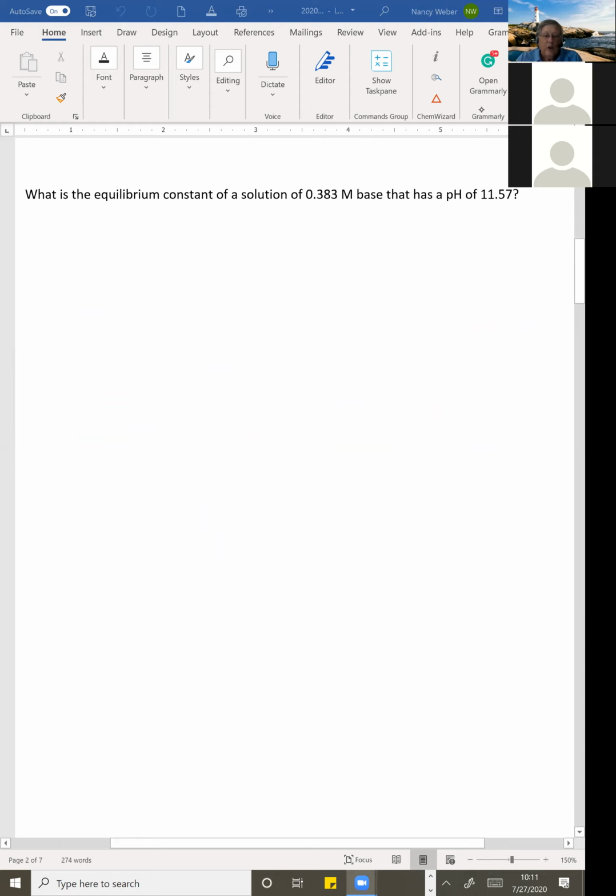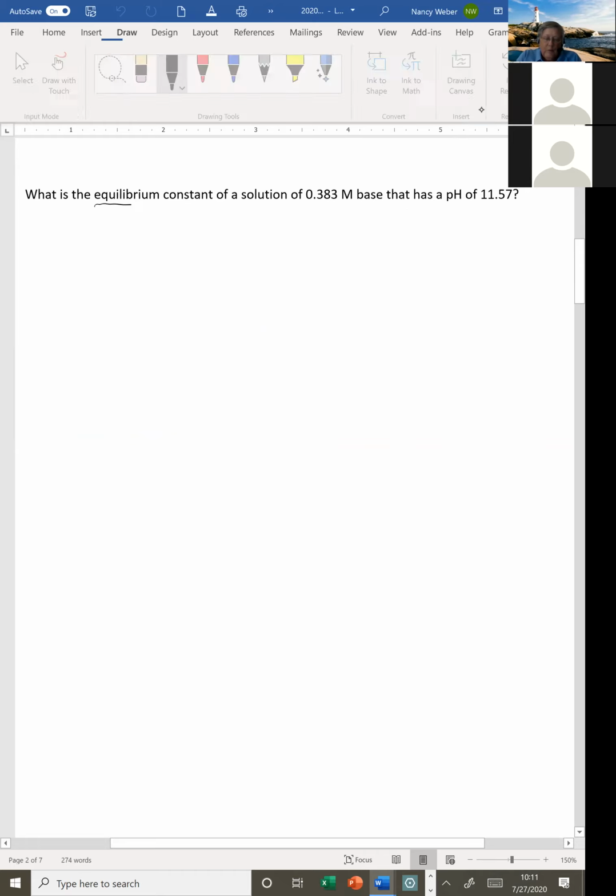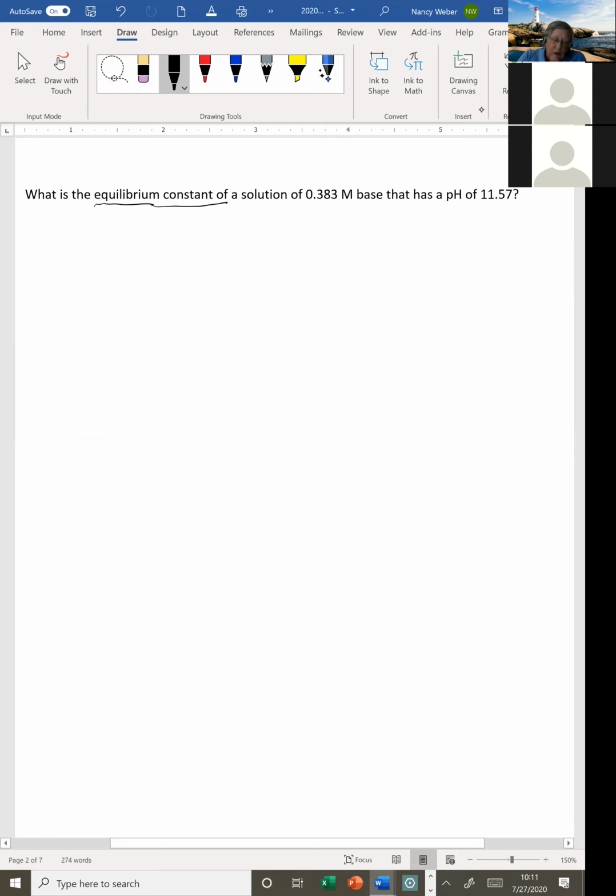Now we're going to do a base. The base is similar. You want the equilibrium constant. Actually, maybe that's the way to do it. Okay, and you have a concentration of the base, and you have a pH.